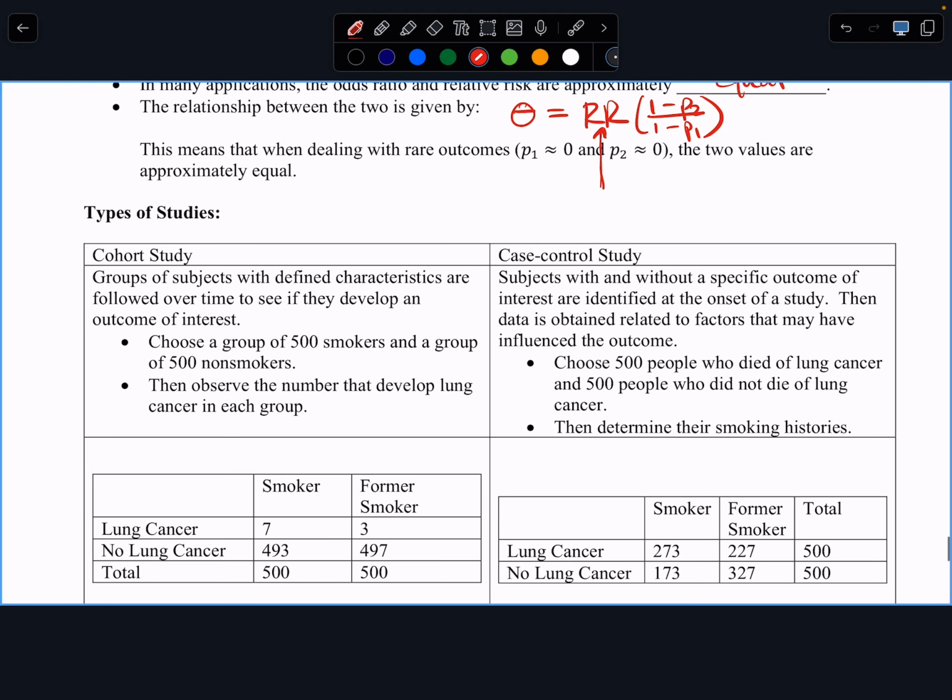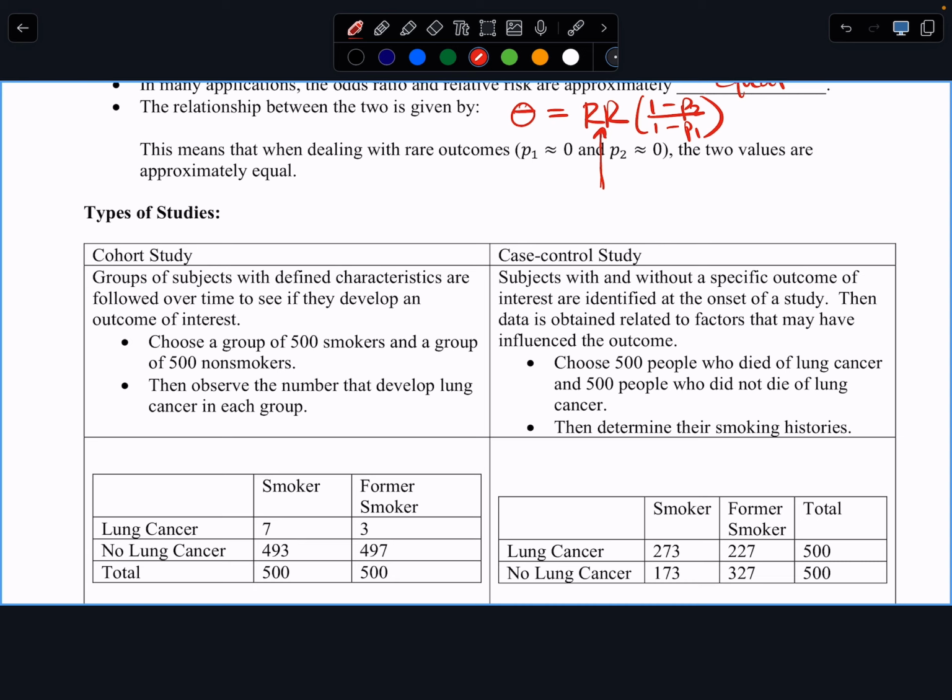And I know we've used that lung cancer example before, so I'm going to go back to that example. But I'm going to redesign the study to fit a cohort study. Remember in that other study, I just had one large sample of 11,900 individuals. And I just basically looked at their health histories to see if they were former smokers or smokers, and then whether they developed lung cancer.